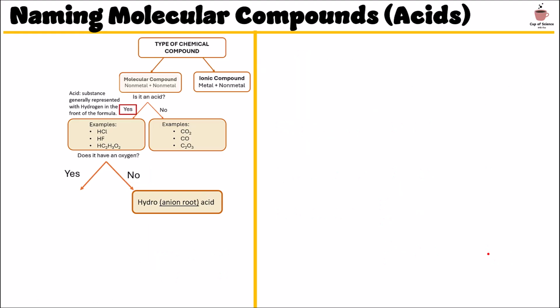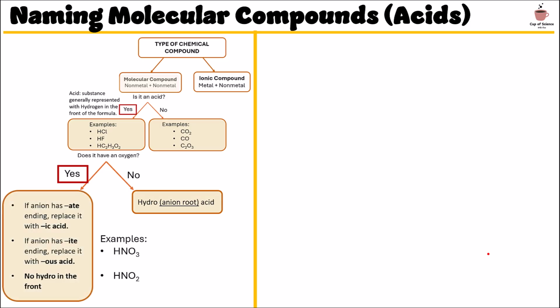Well, what happens if it does have an oxygen? In the category of when it does have oxygen, it does get a little complex, but let's take it one at a time. If the anion has an ate ending, you're going to replace it with ic acid.